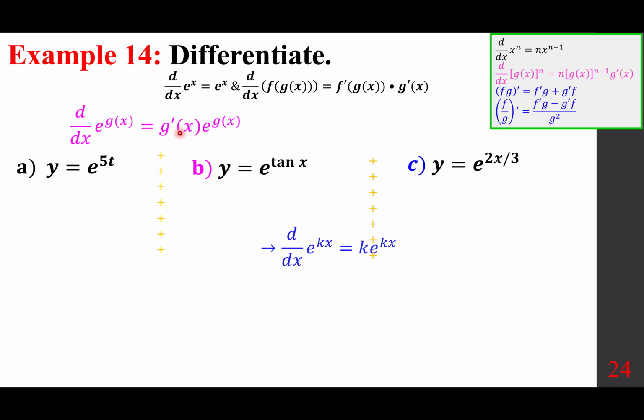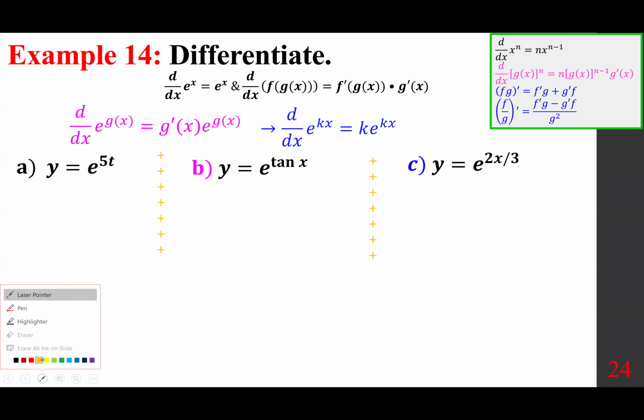So if it happened to be e to the power of kx, the derivative is e to the power of kx times k, and you put the k in front. So when I want to differentiate exponential functions, I just write them immediately without any changes.